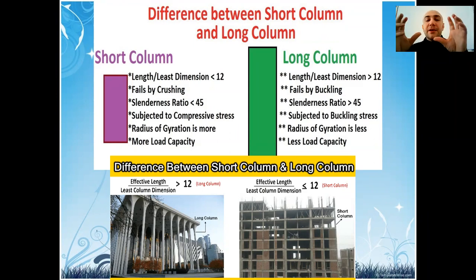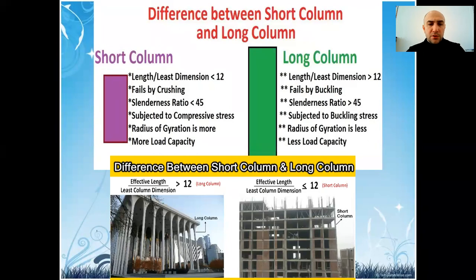The radius of gyration of a long column is less. Short columns are subjected to compressive stresses, but for a long column the ratio of the length to the radius of gyration is greater than 40.